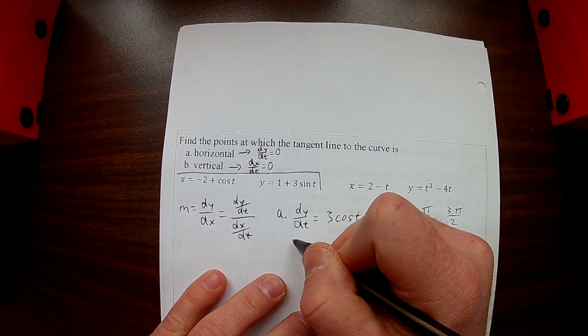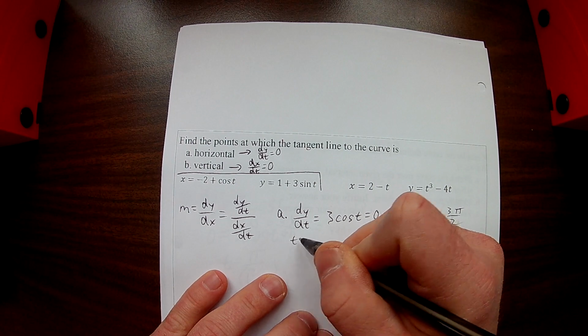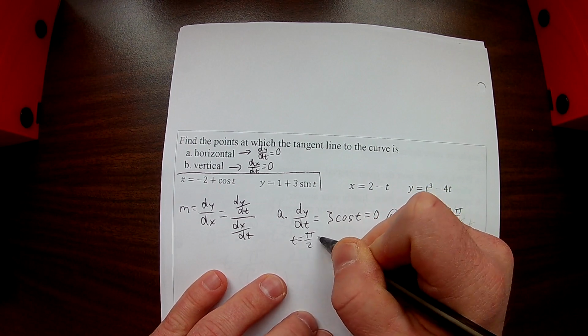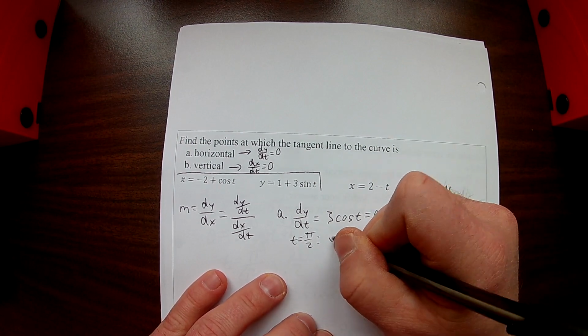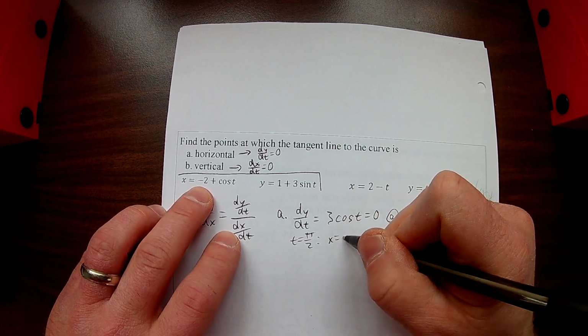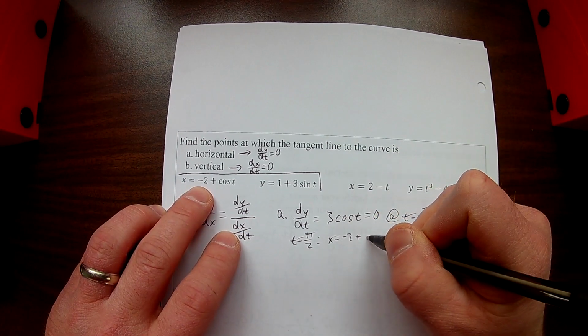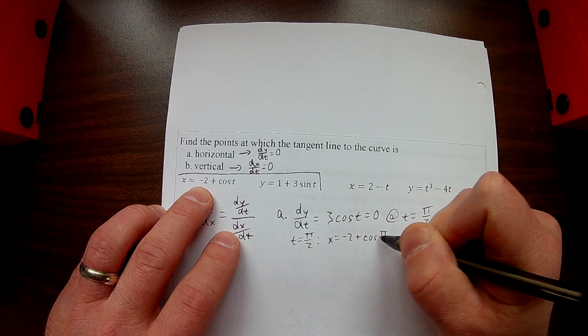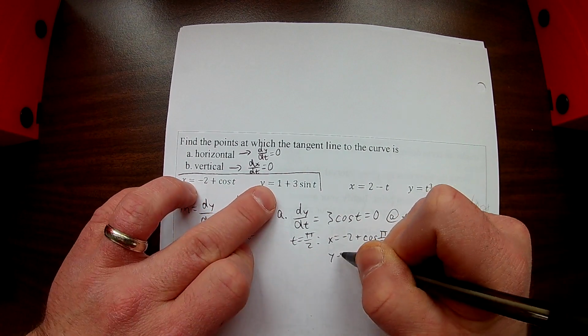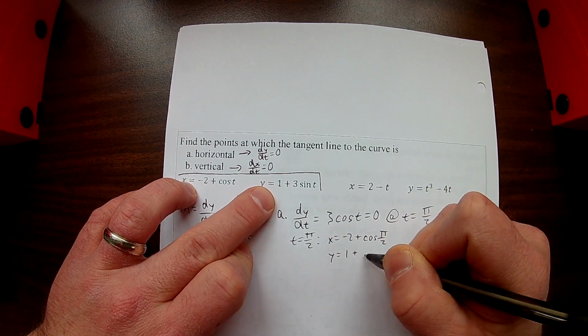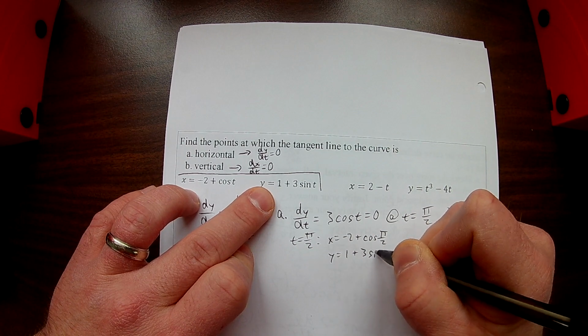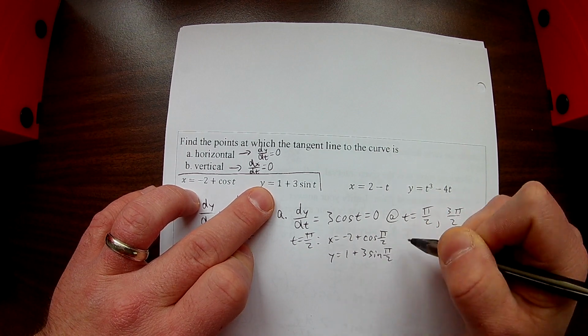So for t equals pi over 2, what I'm going to do is find my x is equal to -2 plus cosine of pi over 2. My y is going to be equal to 1 plus 3 sine of pi over 2.